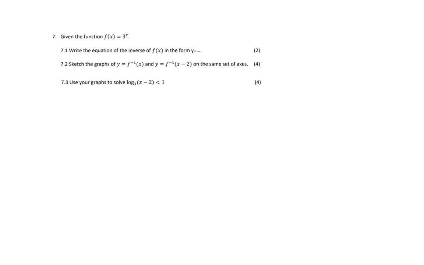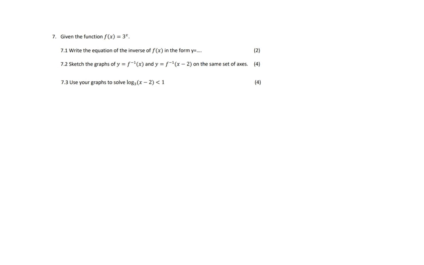Question number 7 deals with the function f of x equal to 3 to the power of x. And notice, boys, how often the 3 to the x or 2 to the x comes up in the exams. It's different worksheets, different exams, different provinces, yet the function remains the same, 3 to the x. Again, very basic.